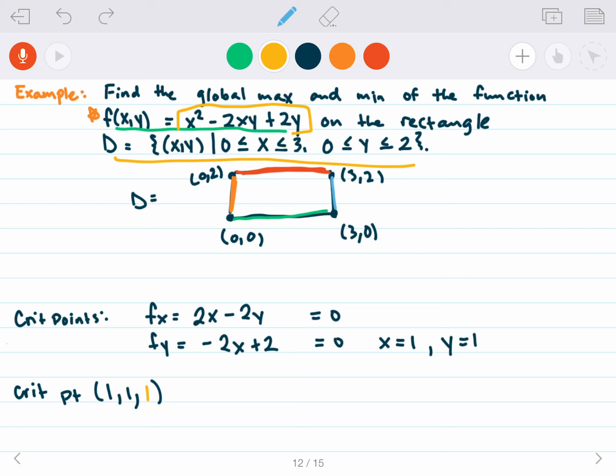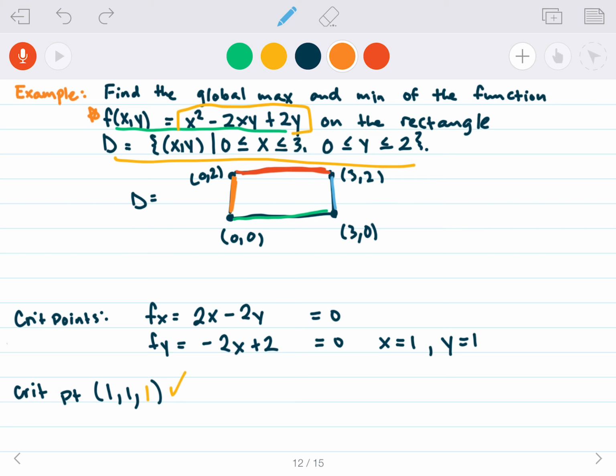Okay, now that I've taken care of this, I need to check the boundaries. Just like in Calc 1 when we check the endpoints, I've got to check the boundaries. But these boundaries aren't just single numbers, they're line segments. So I need to describe these line segments. What about this first one, this orange one?